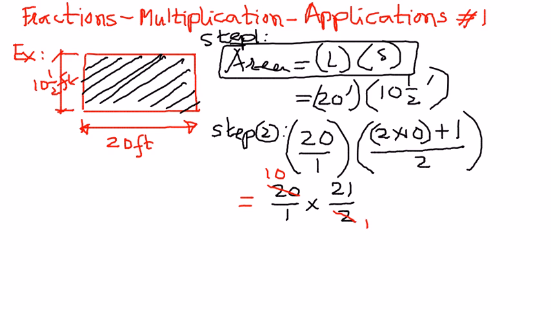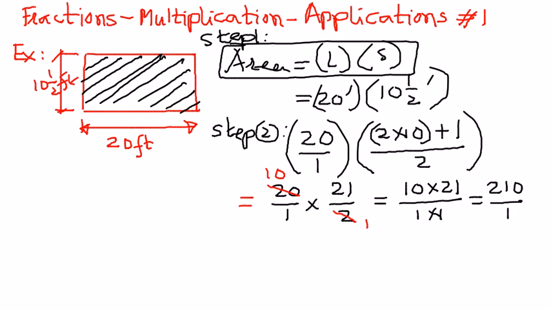So we write this as 10 times 21 divided by 1 times 1. When we multiply the numerators, we get 210, divided by 1 times 1, which is equal to 1.